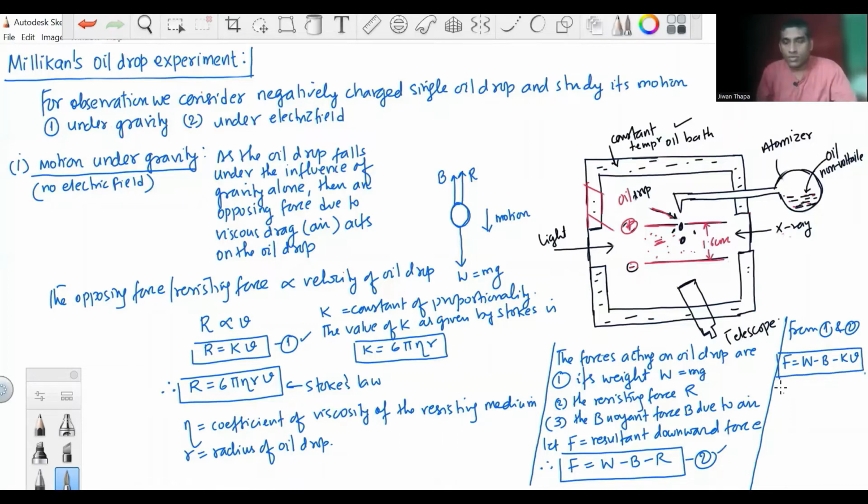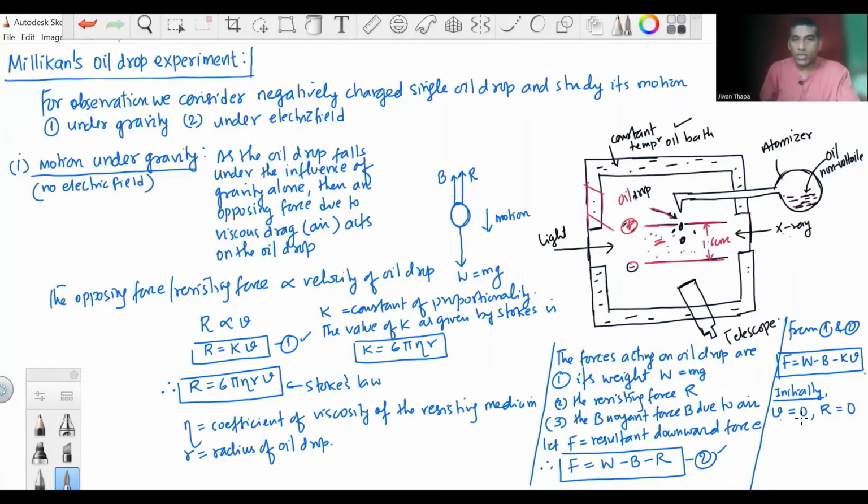Now, initially, if we take the velocity of the oil drop to be 0, then the resisting force R is 0.